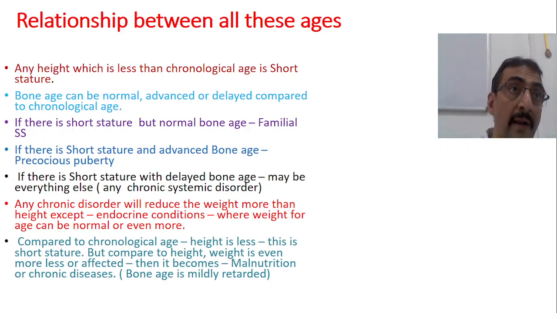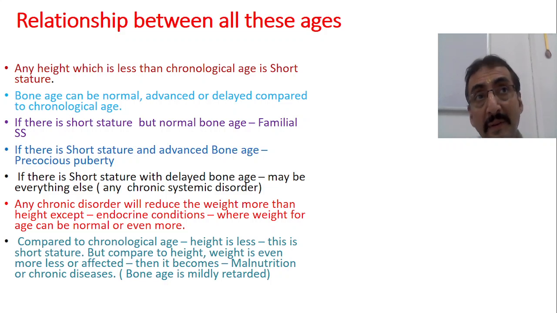Short stature is there, weight is more than the height. Okay, so where weight for the age can be normal or even more, that means a patient is there with a short stature. Okay, weight is more than the height. Now you should always think about the endocrinal problems.